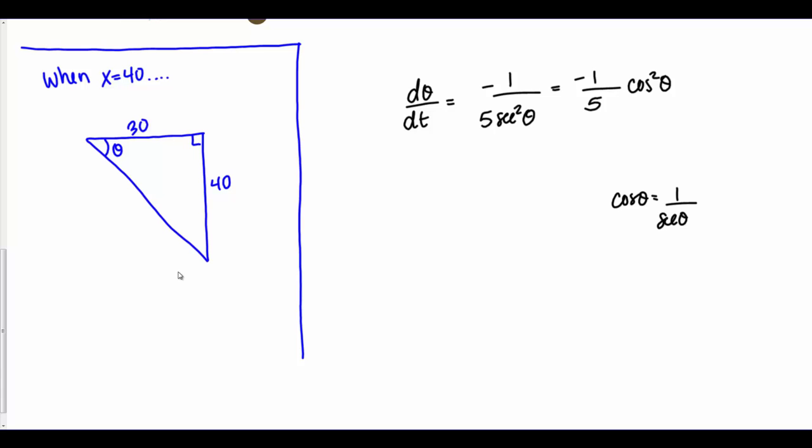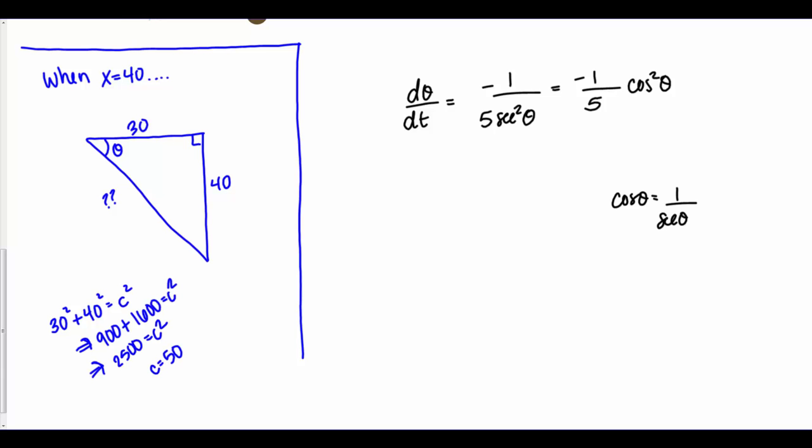Now remember that cosine is the adjacent over the hypotenuse side. So I need to compute what the hypotenuse of this triangle is. We can do that using the Pythagorean theorem. 30 squared plus 40 squared should equal my hypotenuse squared.